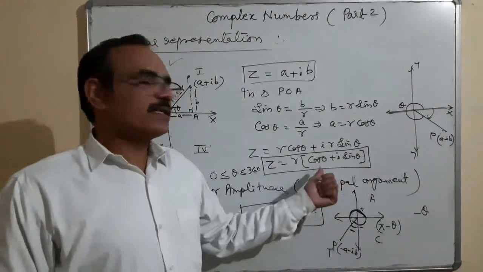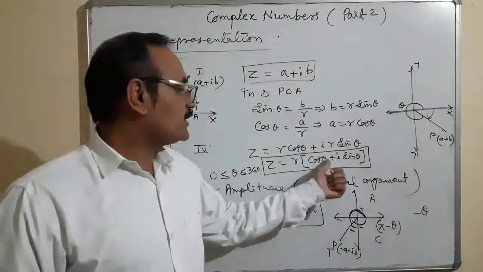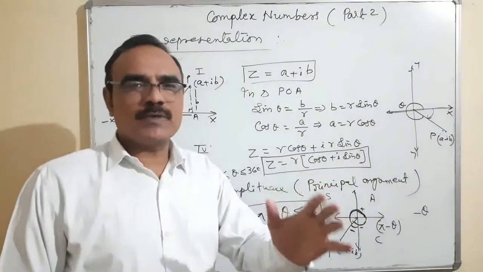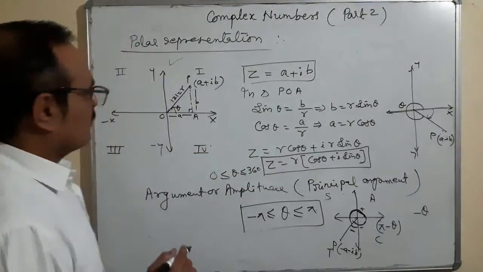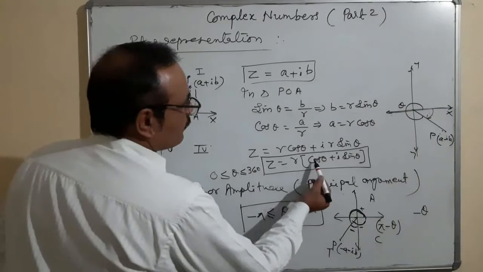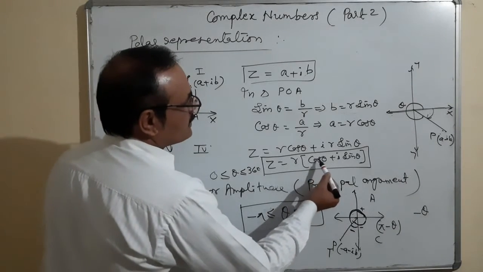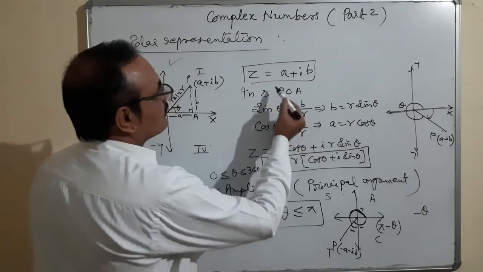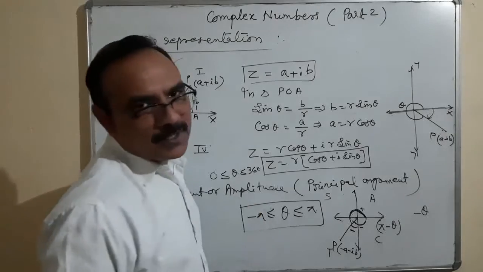Now the condition is, when we are going to find the principal argument or principal amplitude, this theta should lie between minus pi and plus pi. It's very simple. The first term is the representation of the real part, and the second is the representation of the imaginary part.